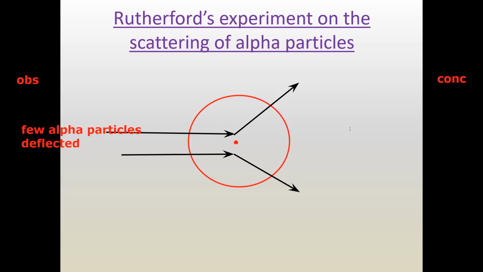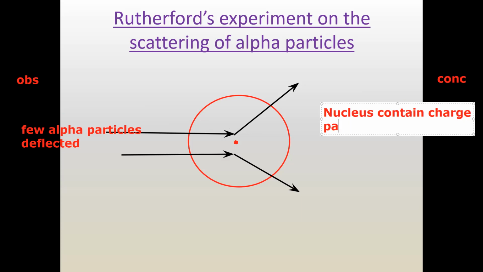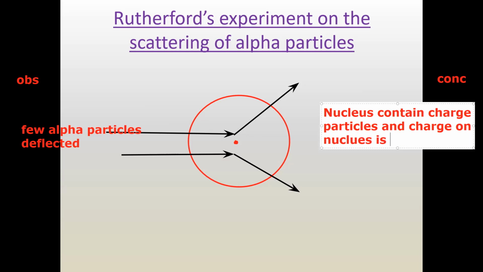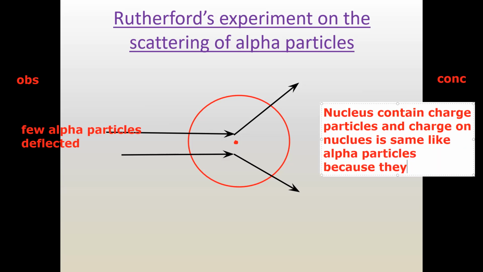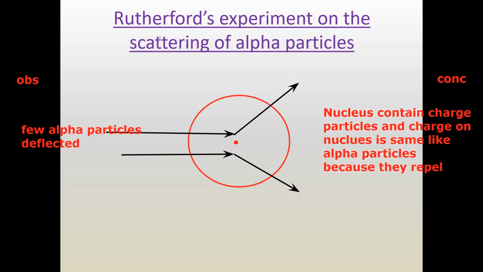So what he suggests from this is that the nucleus contains charged particles, and the charge on the nucleus is the same as the alpha particles, because they repel each other.